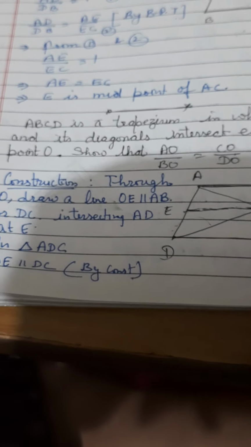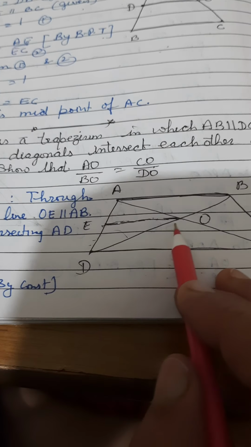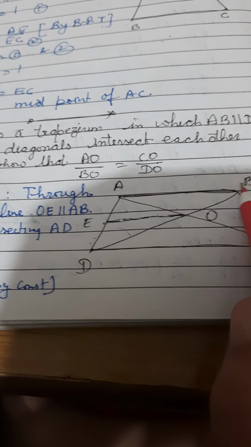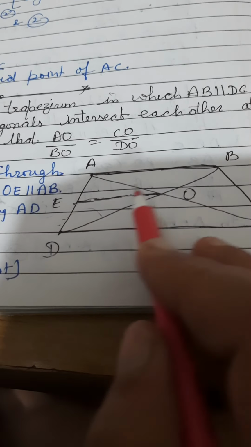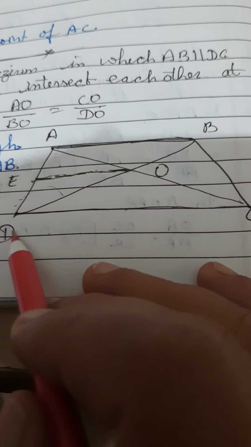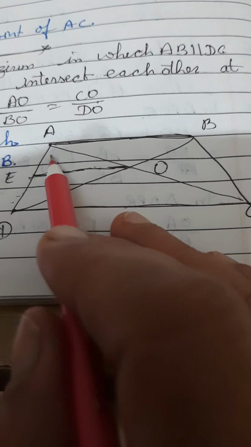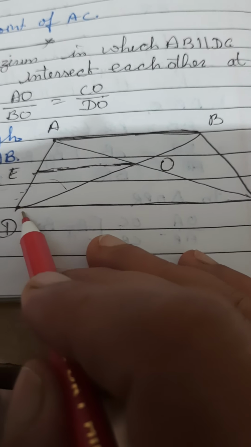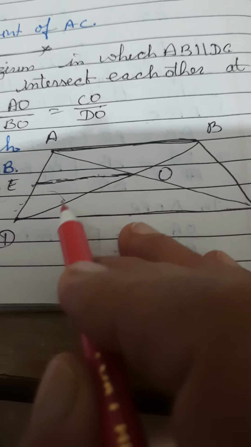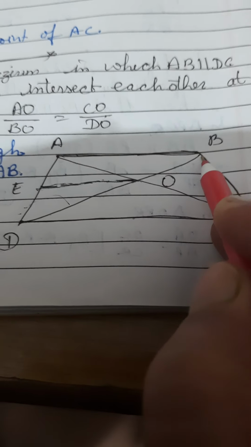Now to prove this, we take a construction. Through O draw a line OE parallel to AB. Through O we have drawn OE parallel to AB. Then clearly, because OE is parallel to AB, in triangle ADB we can say that DE by EA is equal to DO by OB.